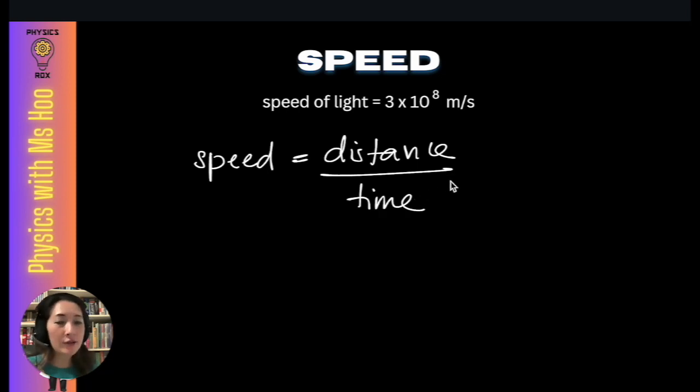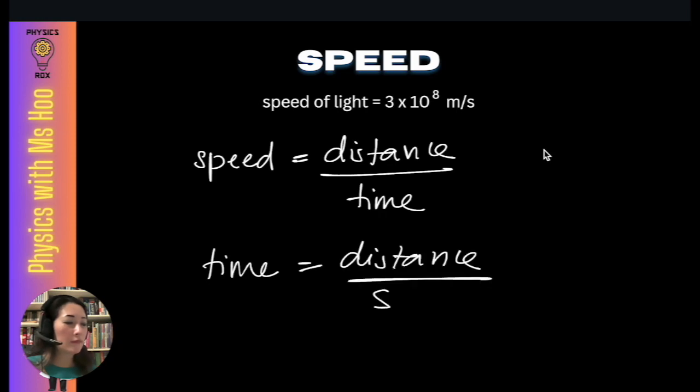You just need to use this speed formula. So as you can see, all you need to do is just rearrange the variables in this equation and you can solve it. So the question will give you the distance and you have the speed of light and you can solve the time. If you are required to find the distance, then it's just a matter of taking speed times time.